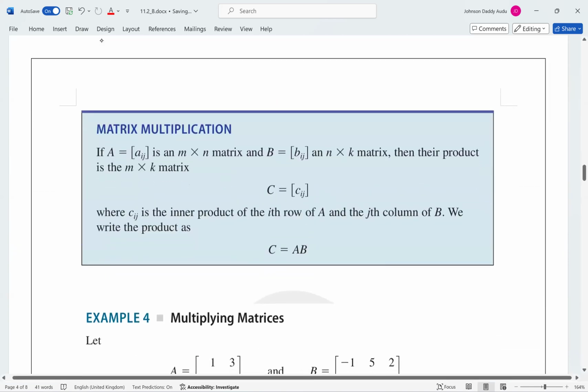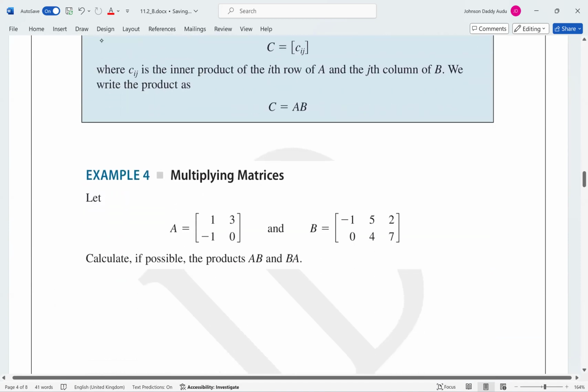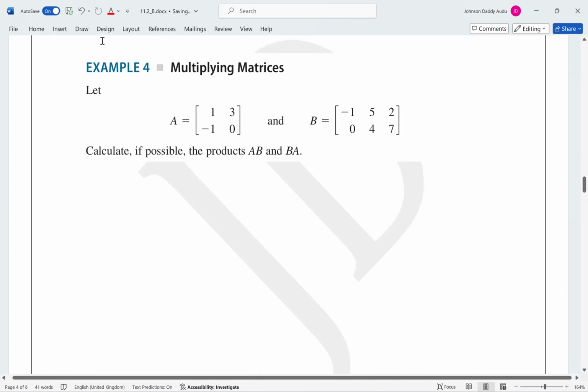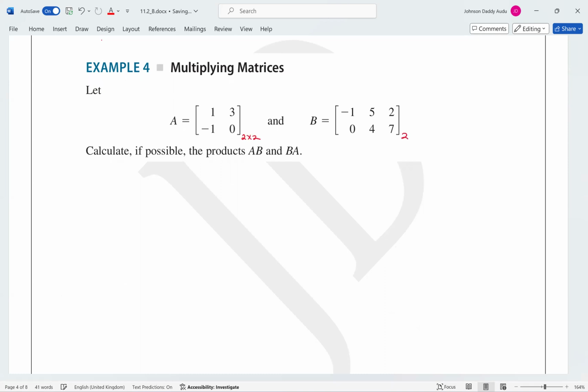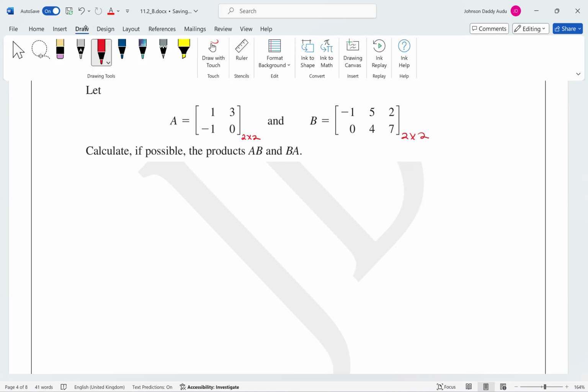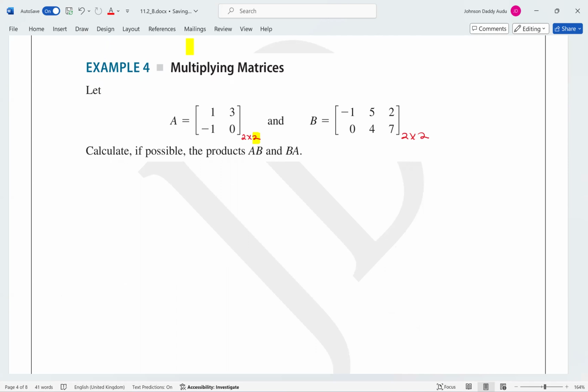Now, how do we multiply? It's very easy. We just need to use what we call the row by column operation. So for example, this is a 2 by 2 matrix. This is also a 2 by 2 matrix. So it means that this is possible because the column in the first matrix is the same as the row in the second matrix.